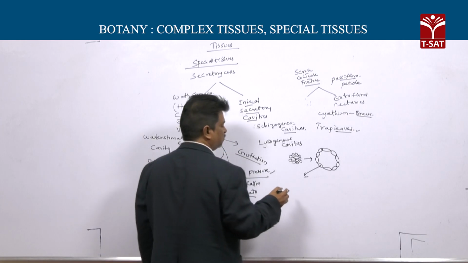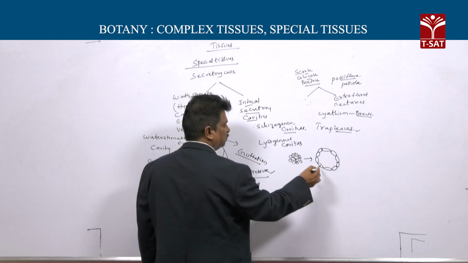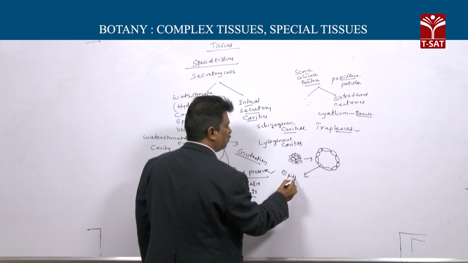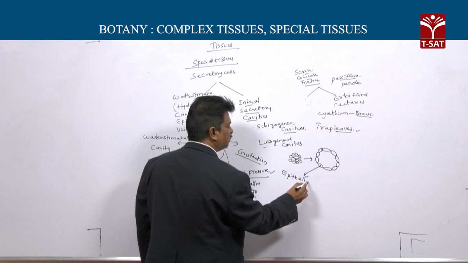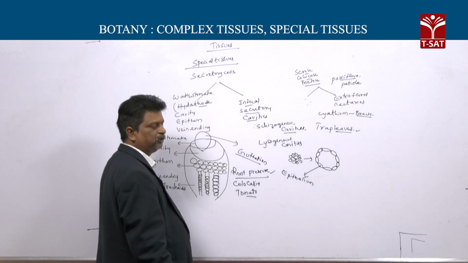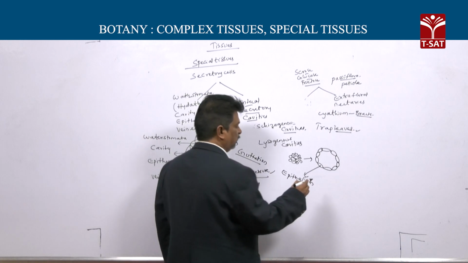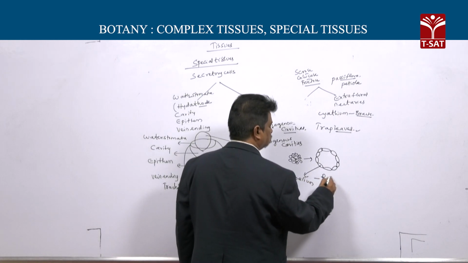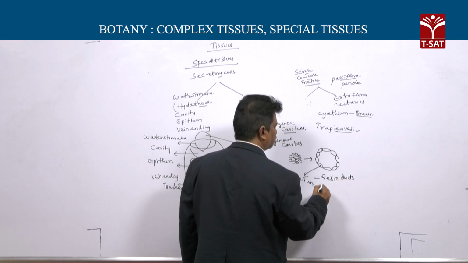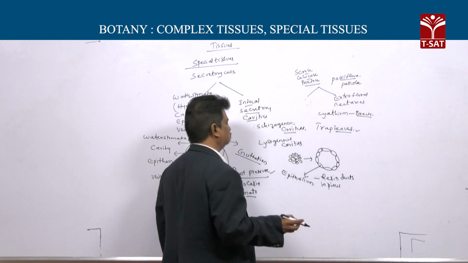This cavity is surrounded by a row of secretory cells called epithelium. Example for schizogenous cavity, resin ducts in pinus.